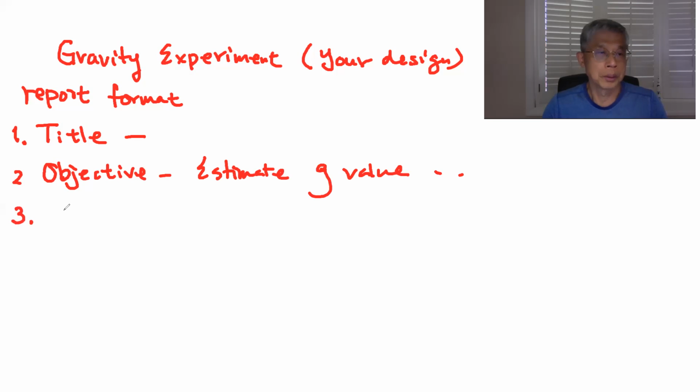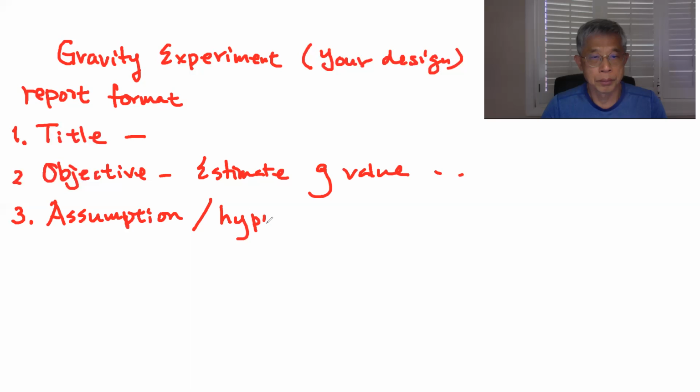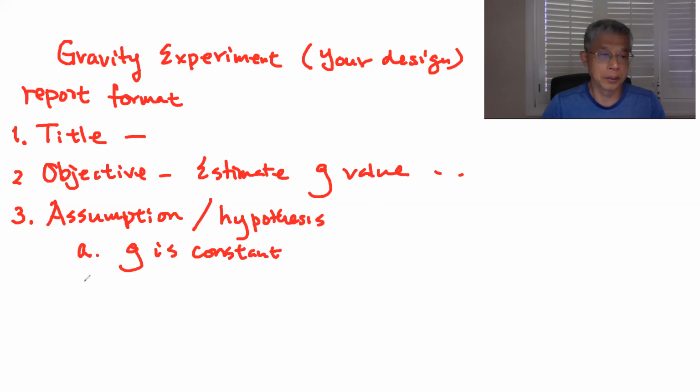Three, it would be the assumptions, hypothesis. So you can list your hypothesis. So for example, you can say, assume the G is constant in your area because your variation is not very big.